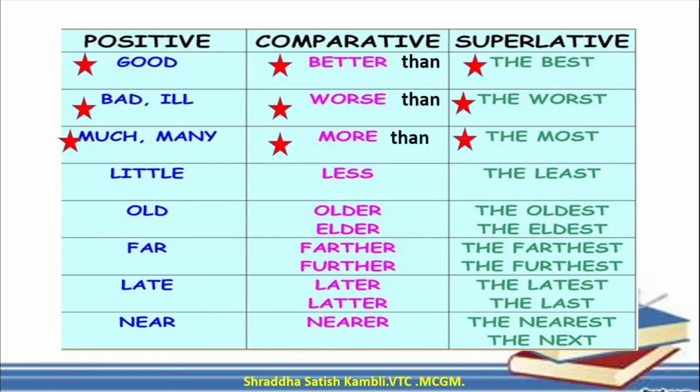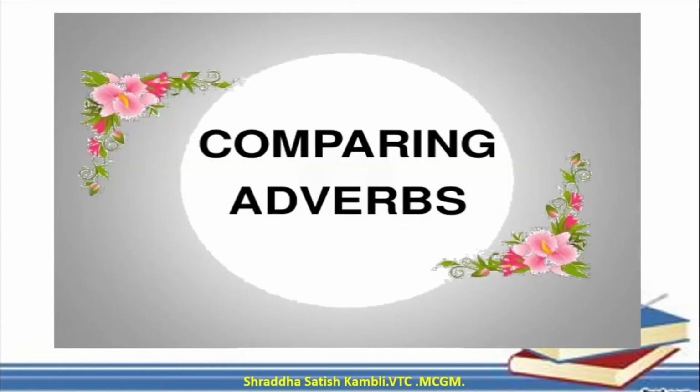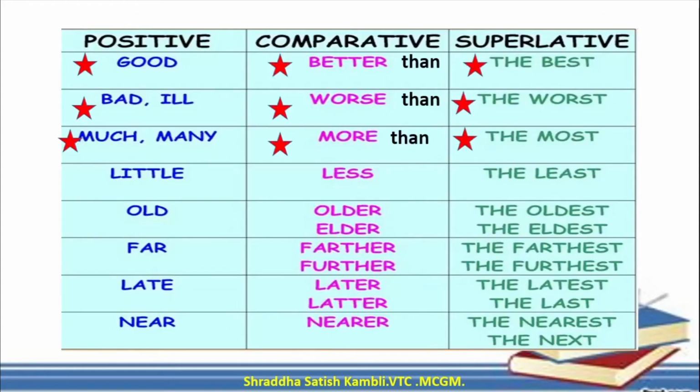So see, much has become more and most. The word itself has changed totally. Little becomes less than and the least, and so on. Okay, so you can read them, and you can pause the video here, you can read them at leisure. So these are all called irregular adjectives.